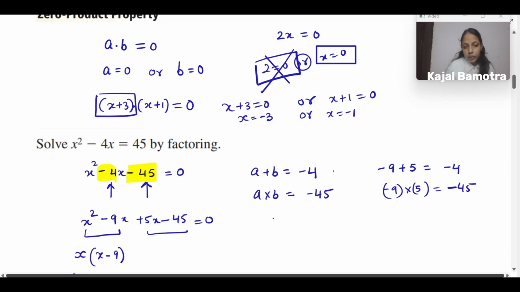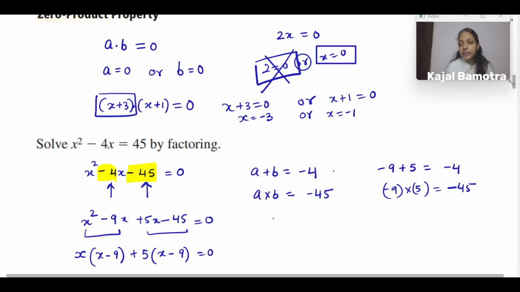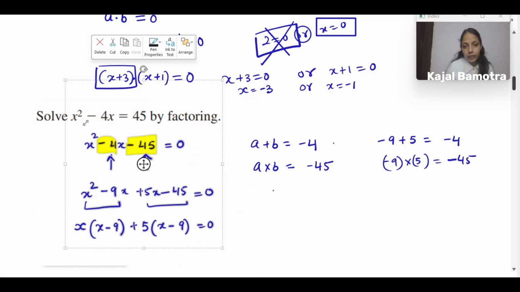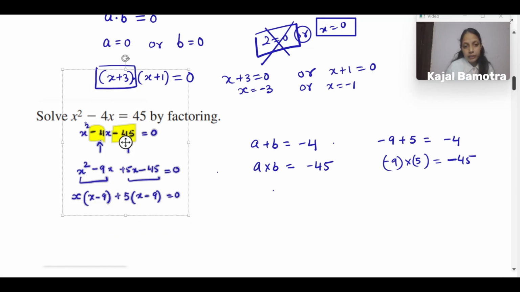From the next two terms, I can take 5 as common, so x - 9 is left. When you are at this step, this guarantees you are doing it correctly if these two factors are the same. Now take x - 9 as common. What is left? x here, plus 5 here.